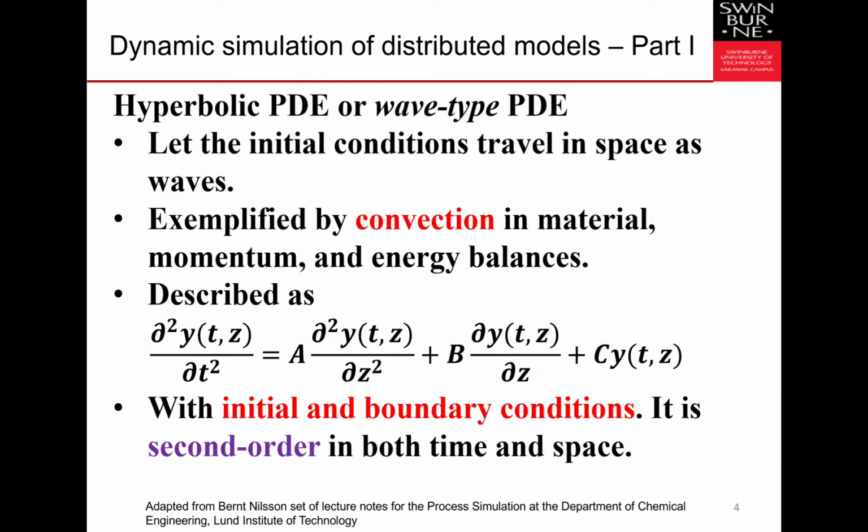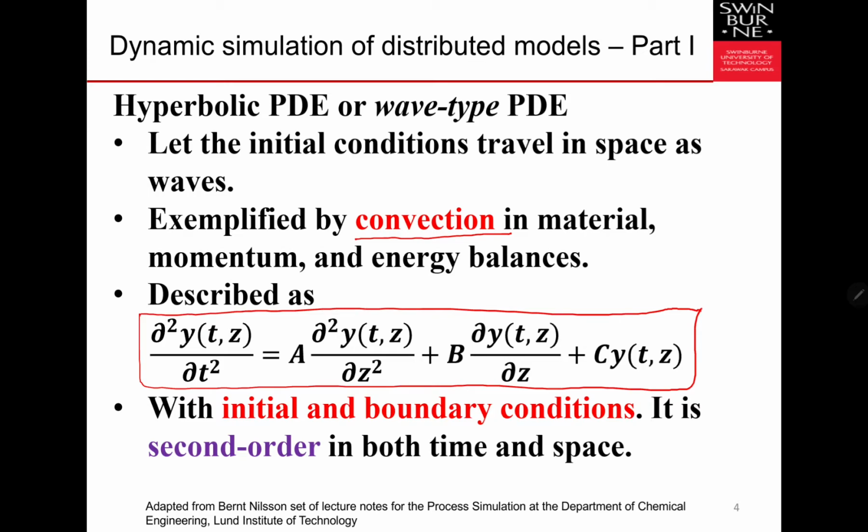The next one will be the hyperbolic PDE or wave type PDE. For this particular PDE, basically it lets the initial condition travel in space as waves. A process that can be described by this hyperbolic or wave type PDE will be convection in material, momentum and energy balances. This expression shows the general form of the hyperbolic PDE or wave type PDE.